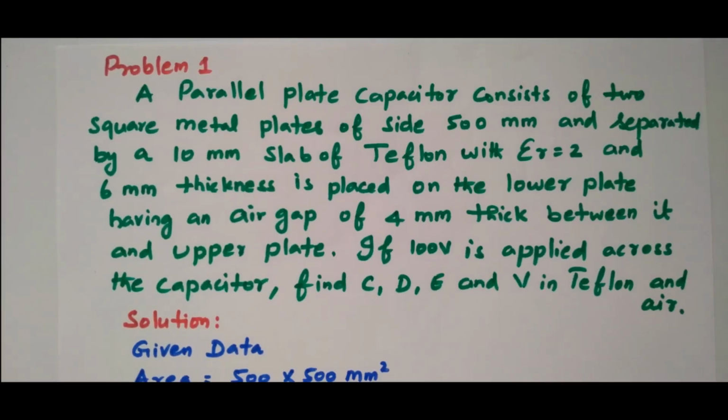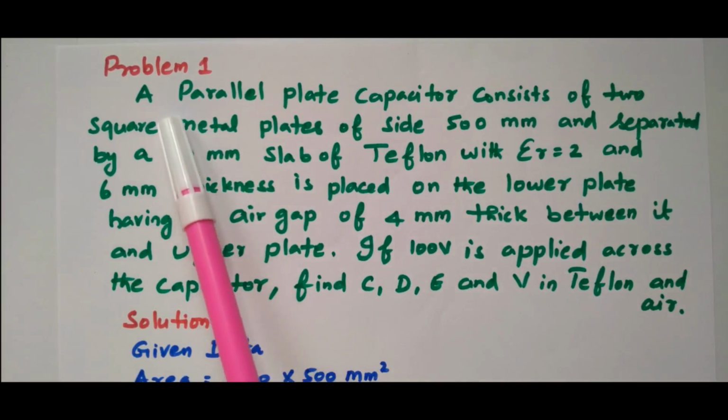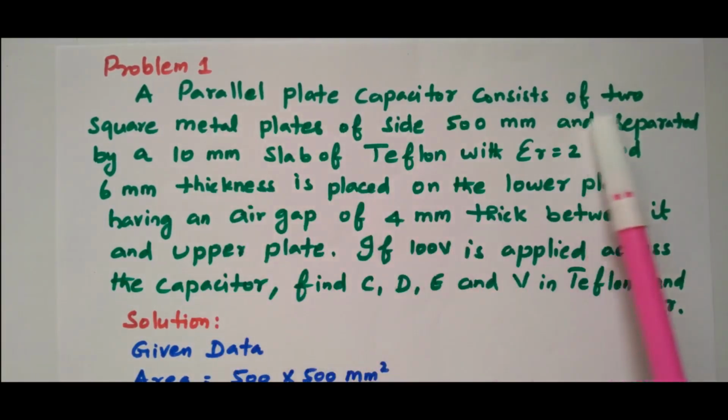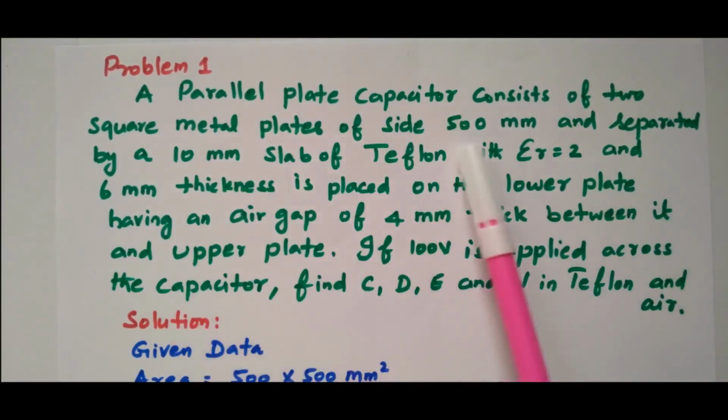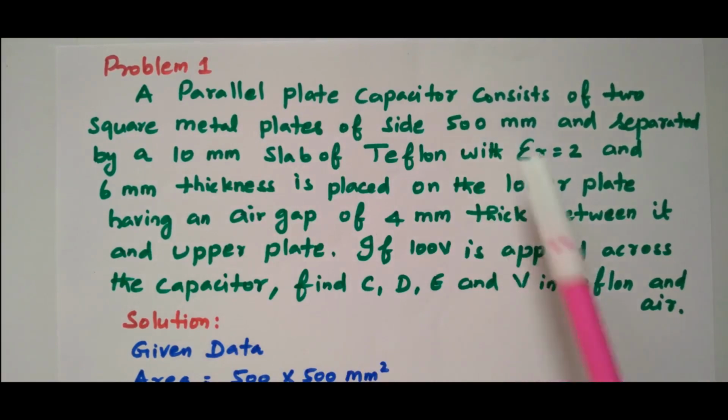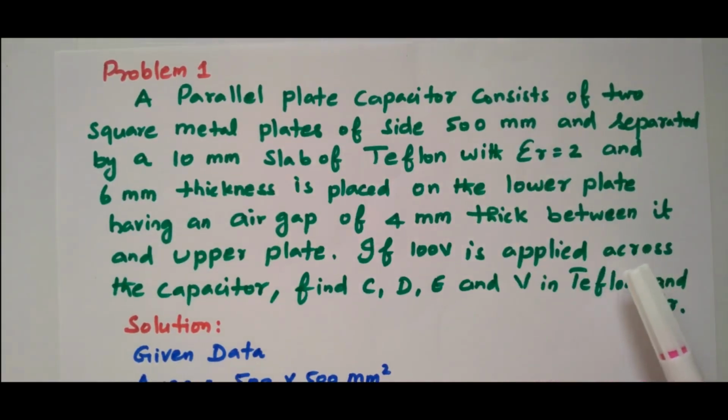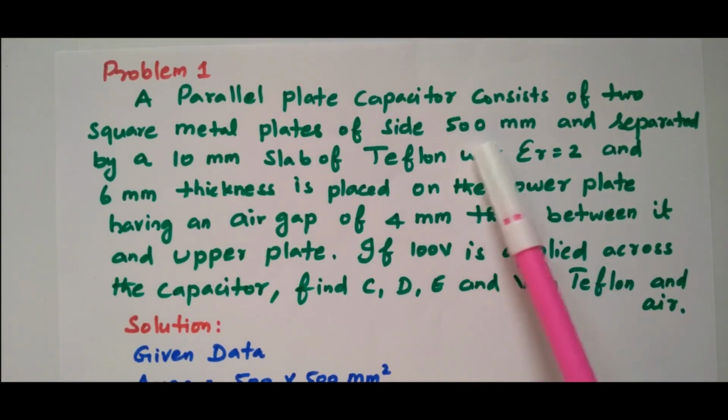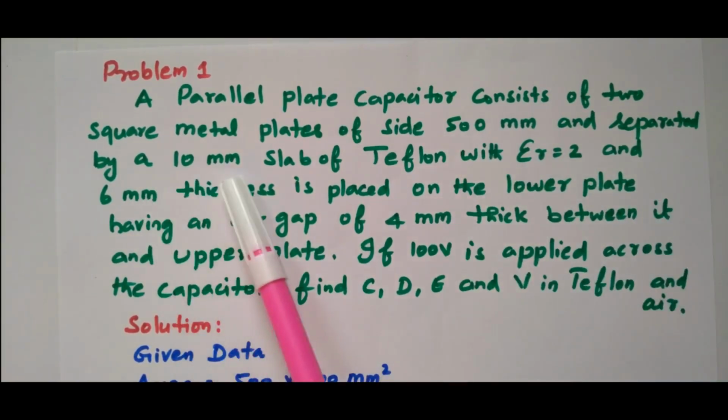Now we'll see the problem based on this capacitor with two dielectric materials, right? We'll see the statement. A parallel plate capacitor consists of two square metal plates of side 500 mm, right? One side is 500 mm, and the plates are separated by 10 millimeter.